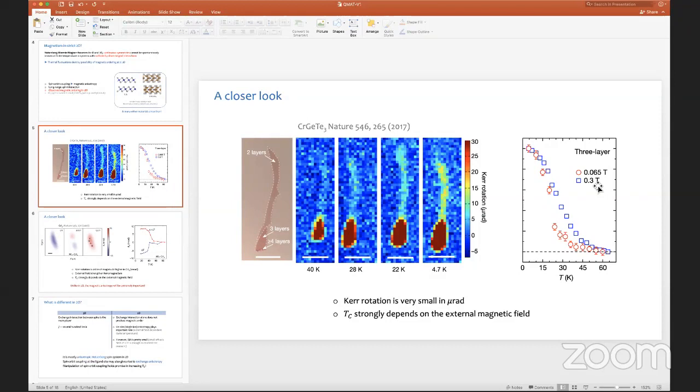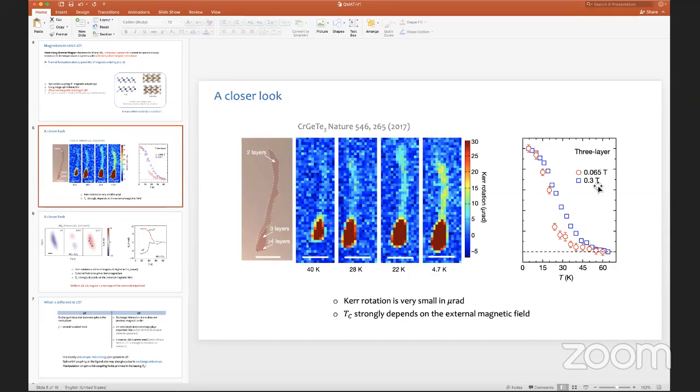Although experimentally they said they could only do up to bilayer, calculation shows it goes even to monolayer, very much like chromium triiodide, although the transition temperature is not very high. But here the origin is the single ion anisotropy.